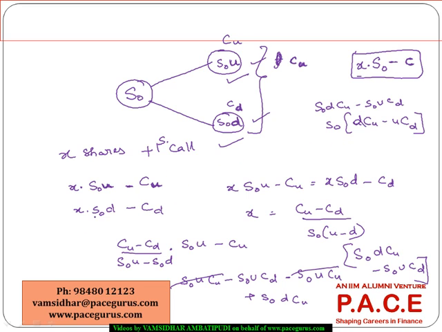Here X comes out as CU minus CD by S naught U minus S naught D, and this also gets divided by S naught into U minus D. So overall it comes out as DCU minus UCD divided by U minus D.